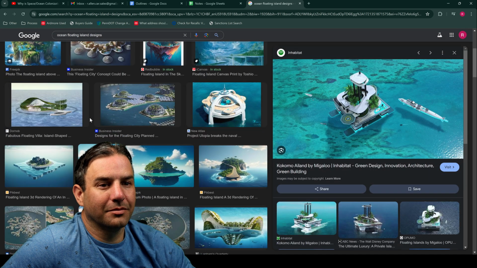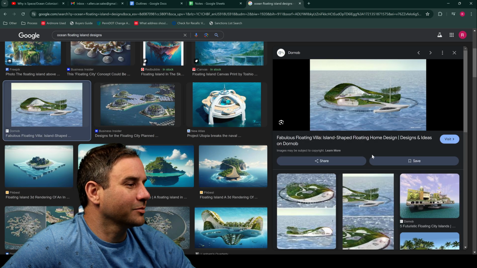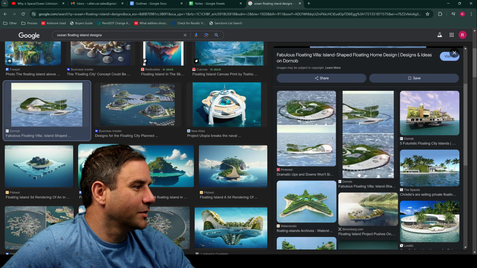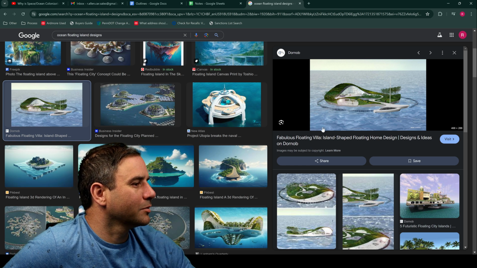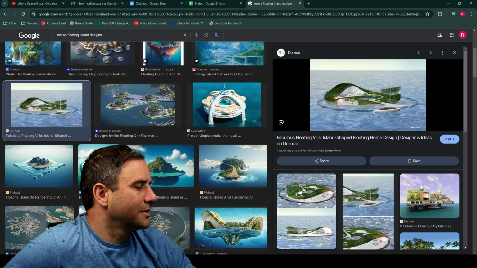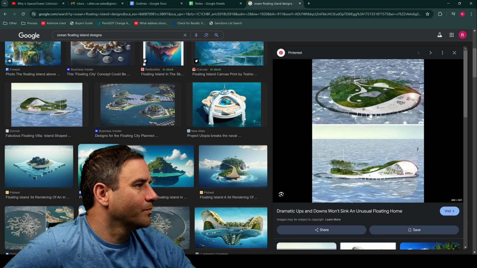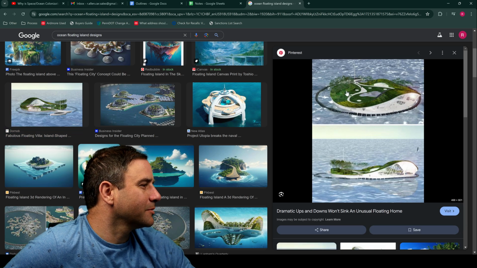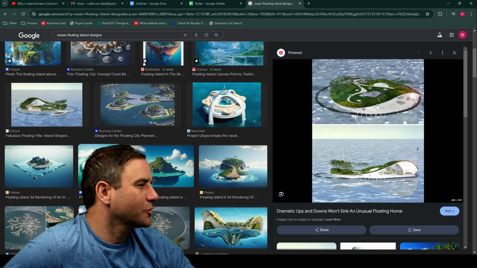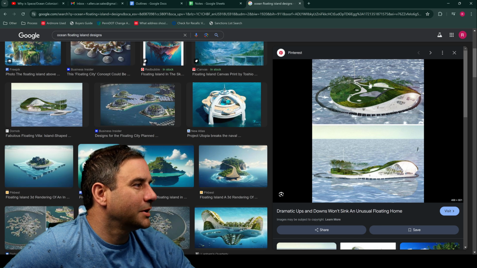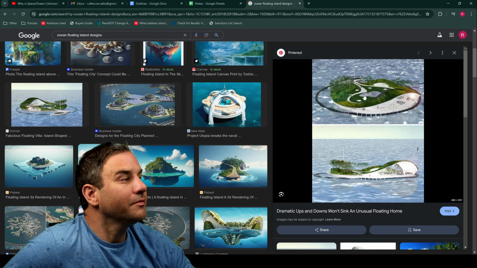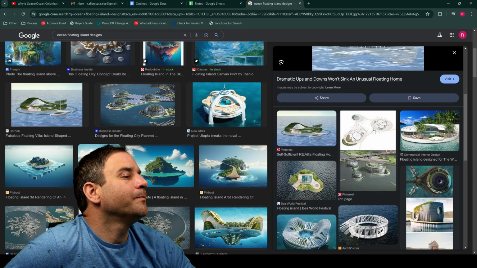Let's try another one. So here's one right here. Fabulous floating villa. Not sure who came up with this design. I'm not familiar with it. It's actually really pretty. The rendering's not that great, but if you just picture the concept, I can see some interior space over here and exterior space with a walkway and some beautiful gardening and stuff. It looks like a very beautiful, elegant design.